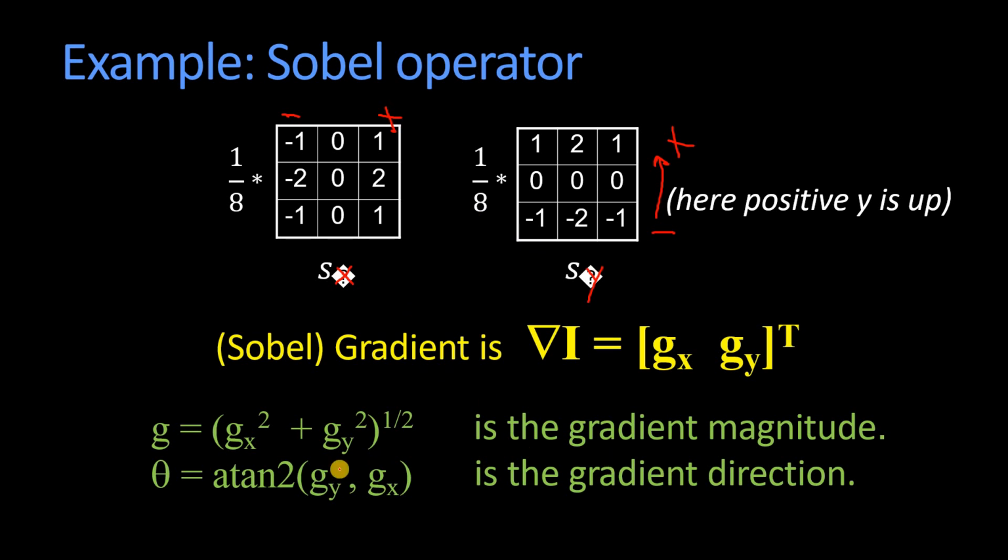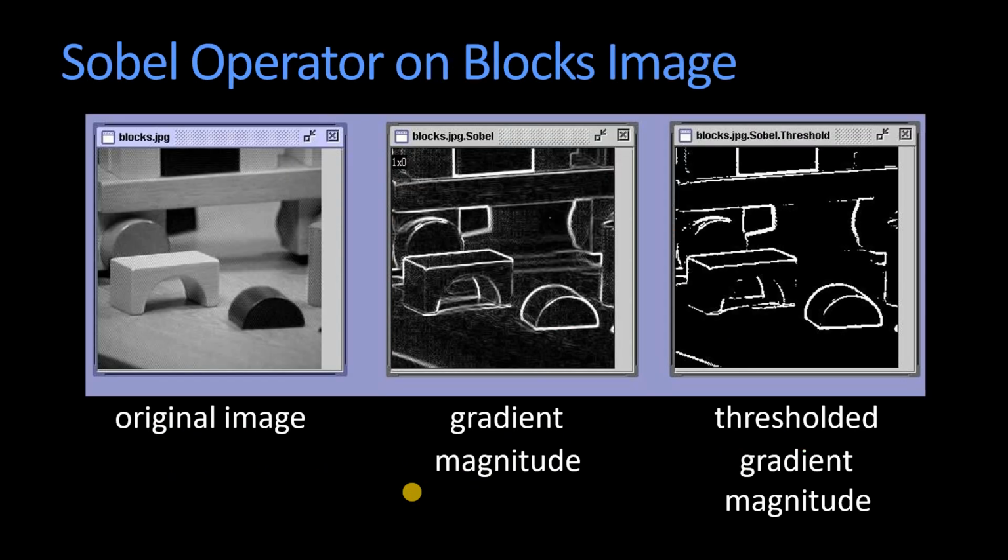They have again given the formulas for gradient magnitude, where magnitude means the size or the value or the strength, and the other formula is given for the tangent, for the angle of the gradient. But you don't need to memorize these formulas. Here are some of the results.